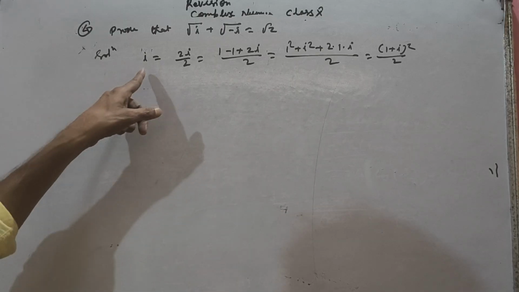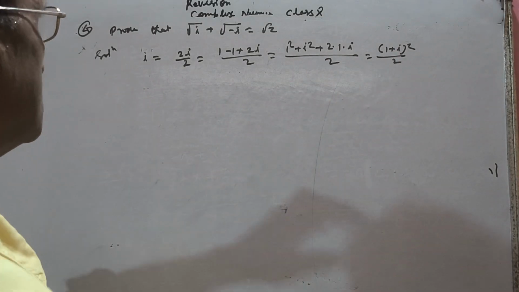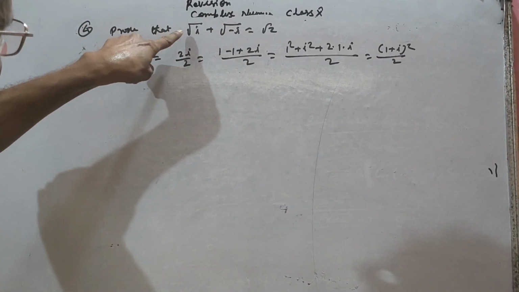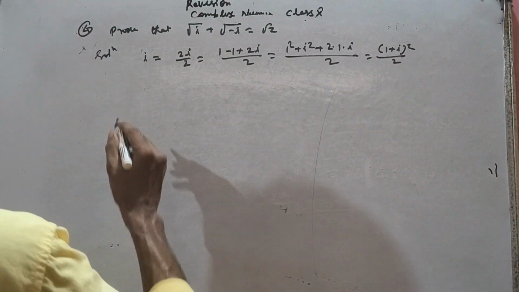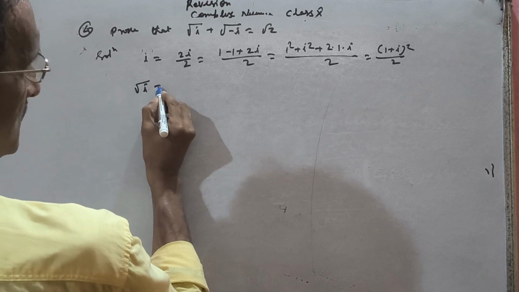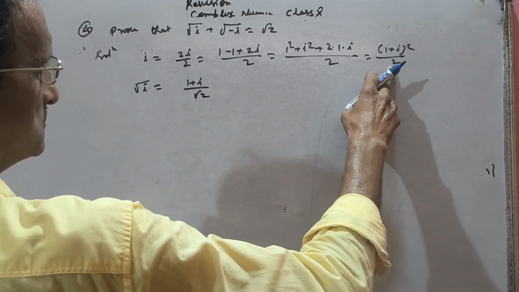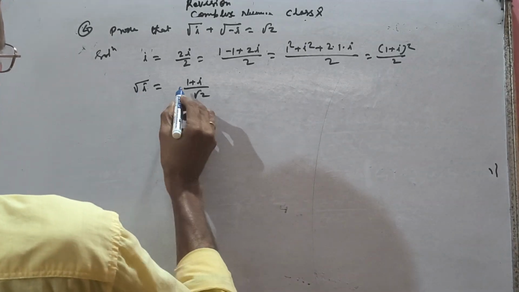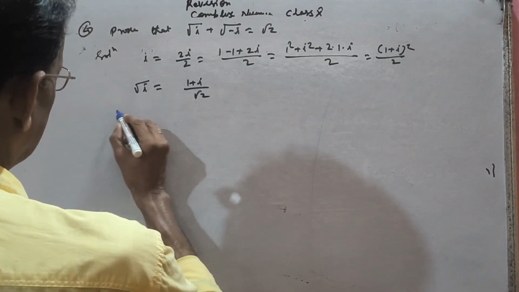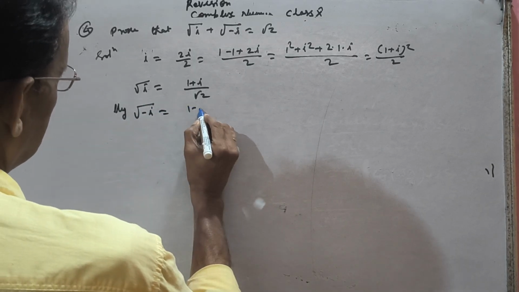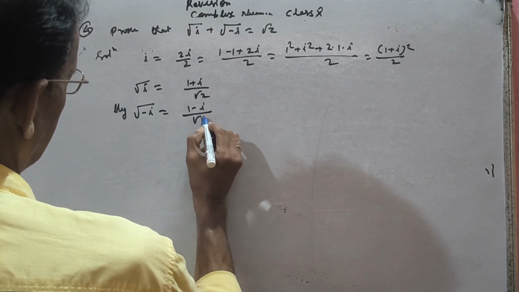See, this is I only. We have expressed it as a perfect square because we need to find the positive square root of I. Therefore, root I equal to 1 plus I by root 2, because the square root of 2 is root 2. If root I equals this, then similarly root minus I equals 1 minus I by root 2. You can try.